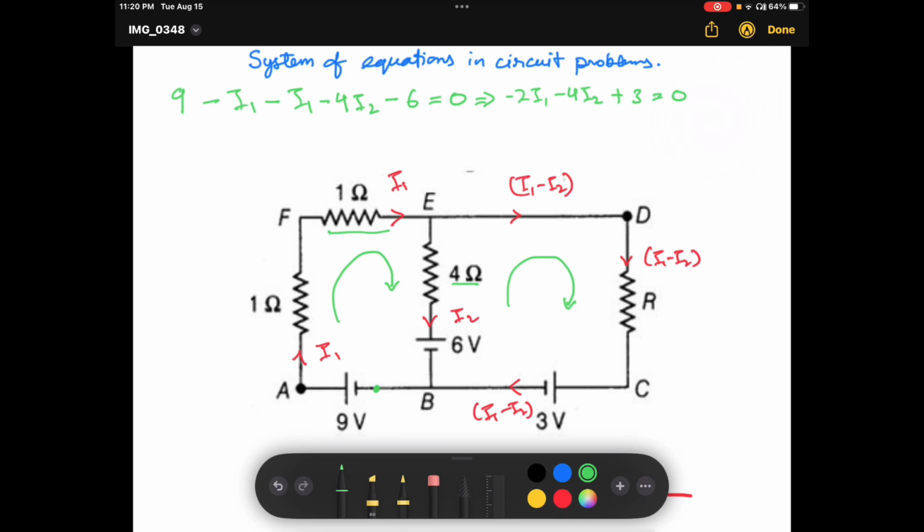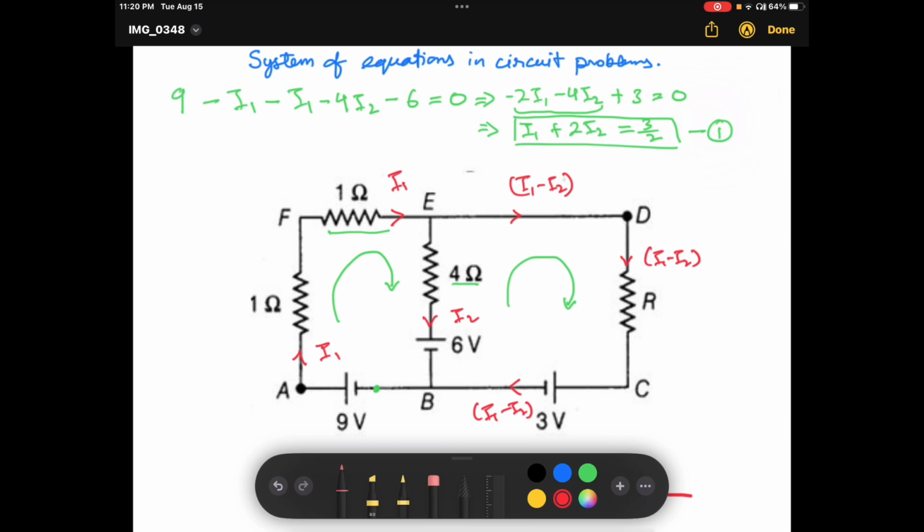I will divide by 2 all over and move these to the opposite side of 3 so that they become positive. So when I divide by 2, this will be I1 plus 2I2 equals 3 divided by 2. So this is equation number 1 in our system of equations, and I'm going to name it 1.